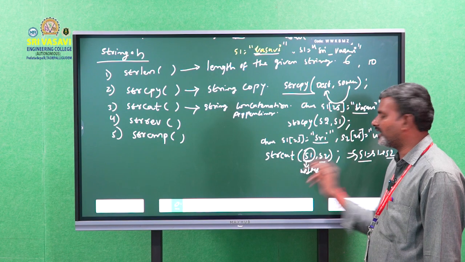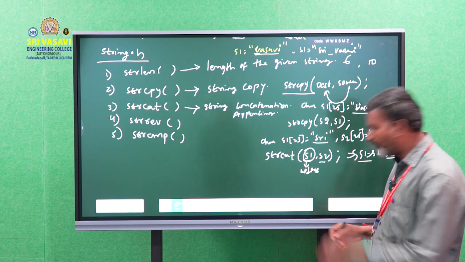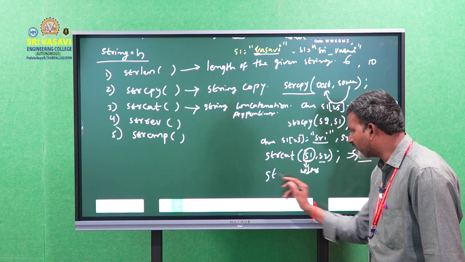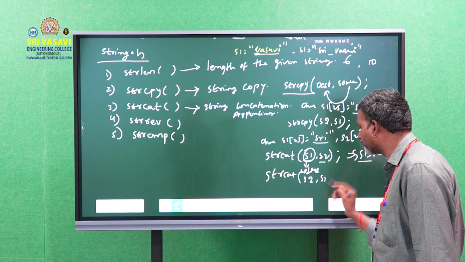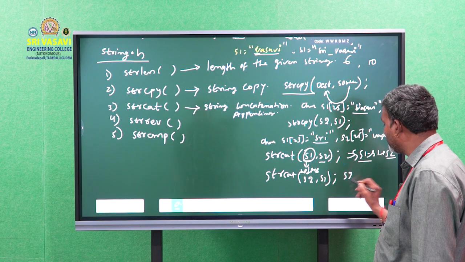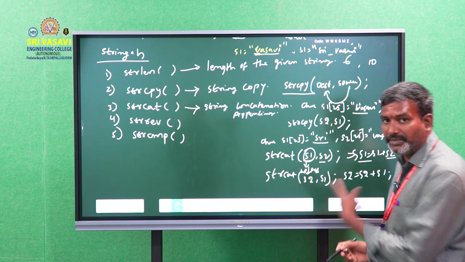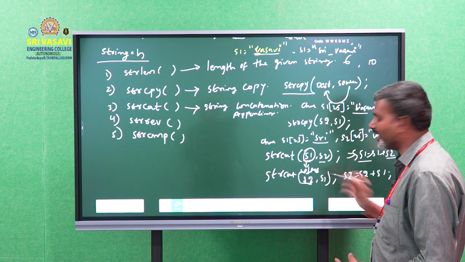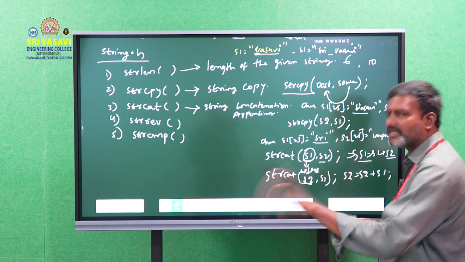After executing the strcat command, s1 becomes Sri Vasavi. If we write strcat of s2 comma s1, this means s2 is equal to s2 plus s1. So the output of s2 is updated. The updated value of s2 is Vasavi Sri.